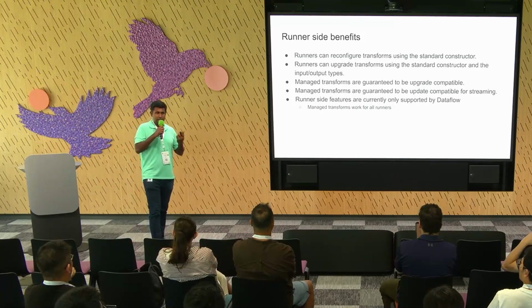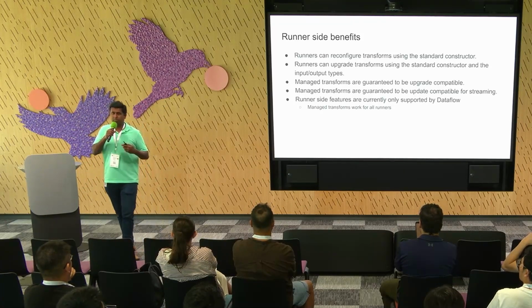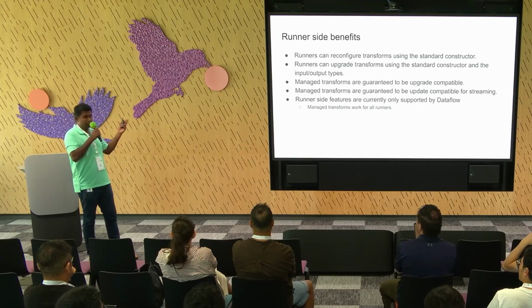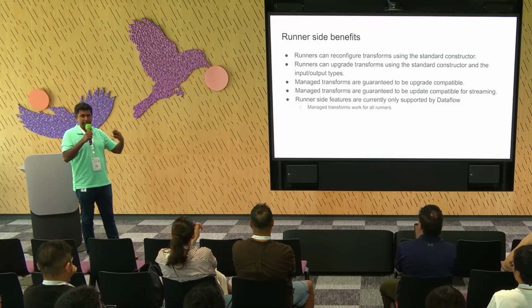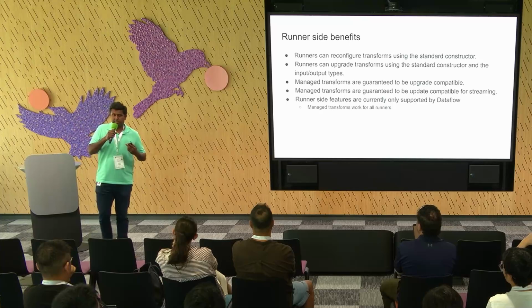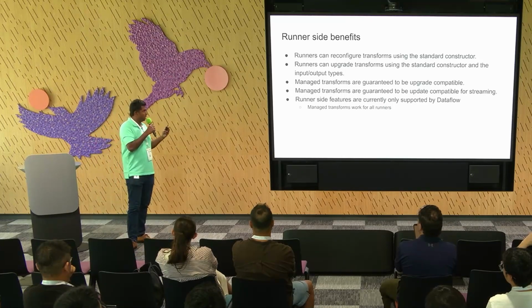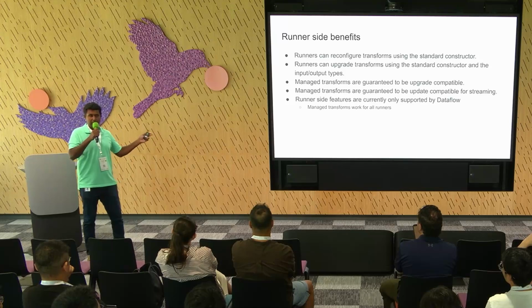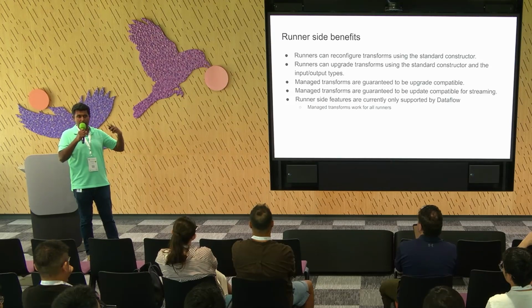They can recreate these transforms, for example, using newer Beam versions that have fixes, and plug them into the rest of the pipeline, thus upgrading that transform dynamically. We guarantee that managed transforms are upgrade compatible, meaning that you can take the constructor from an older Beam version and use that to create the same transform in a newer Beam version.